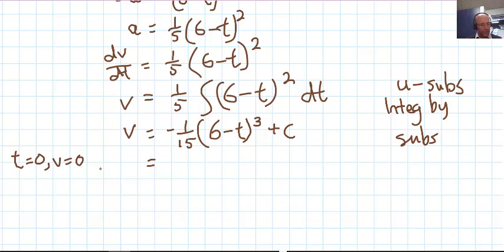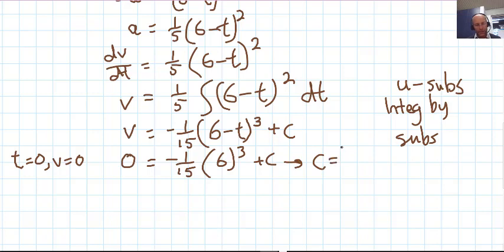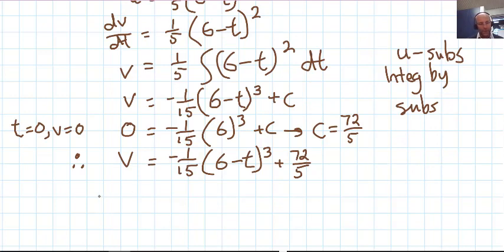We apply the initial condition, so when t equals 0, v equals 0, so subbing those values in to get our value for the arbitrary constant. Okay, so we put those in there, and that will give us, with a bit of calculation, the constant comes out as a fraction, 72 on 5, or you can use a decimal approximation there, or in fact a decimal exact value. So there's our full expression for velocity.